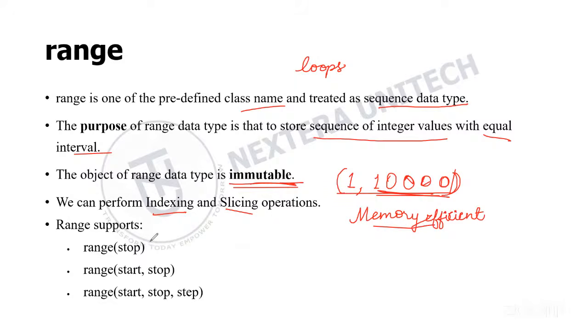Range can take just the end index or stop index, so till that index -1 elements it will print. You can also give the start element and the stop element value. And you can also give the start value, the stop value and the interval value, the step value. So let's move to the coding part, and you'll have a better idea about it.